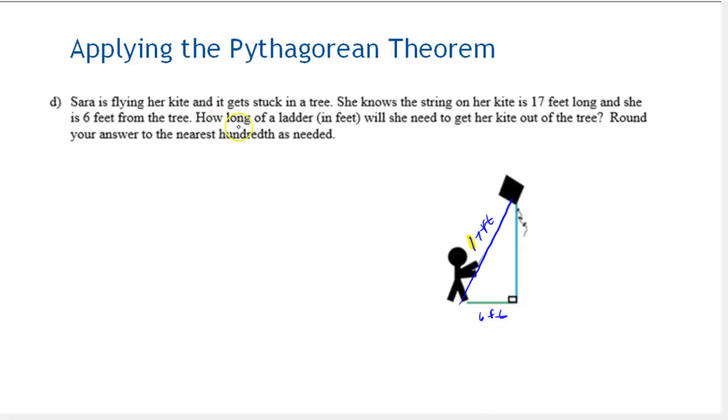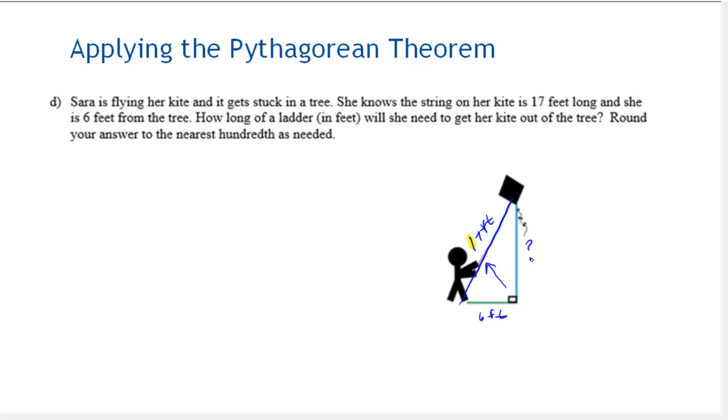Now we're asked, how long of a ladder in feet will she need to get her kite out of the tree? So this is the height of the tree. We need to find a ladder that's as high as this tree. Okay. So notice, here's our right angle. We know our hypotenuse is 17 feet. The tree height is one of the lengths.